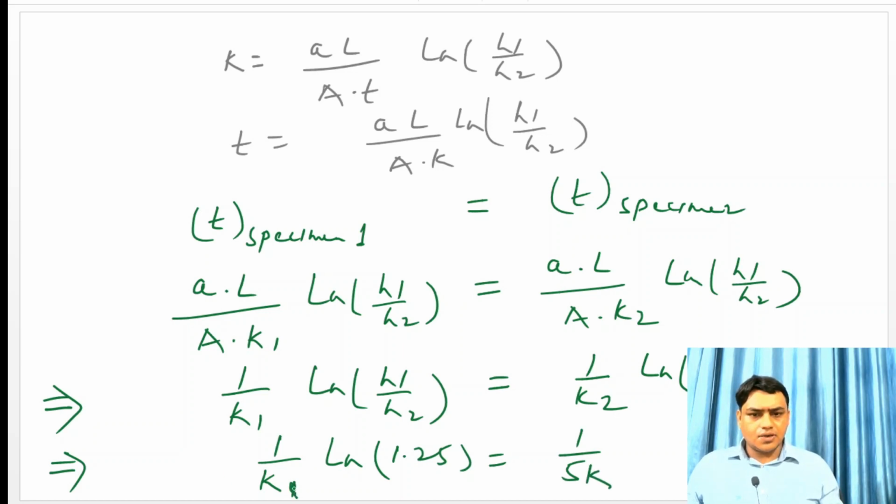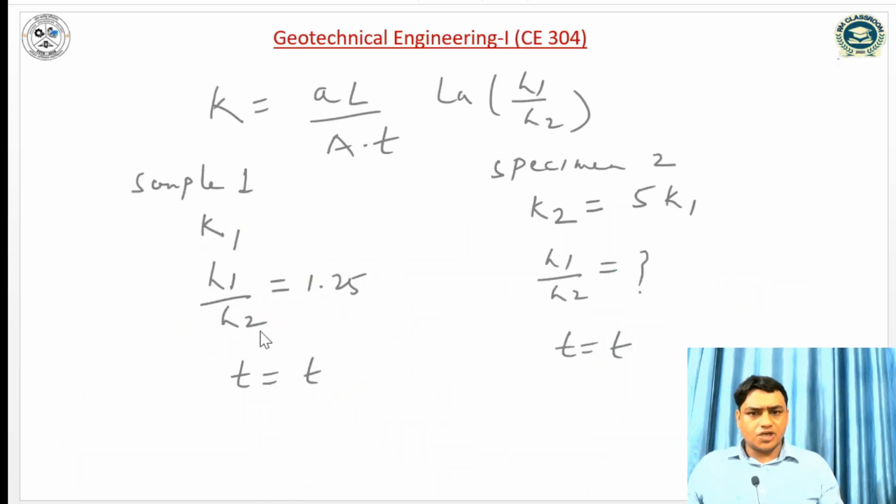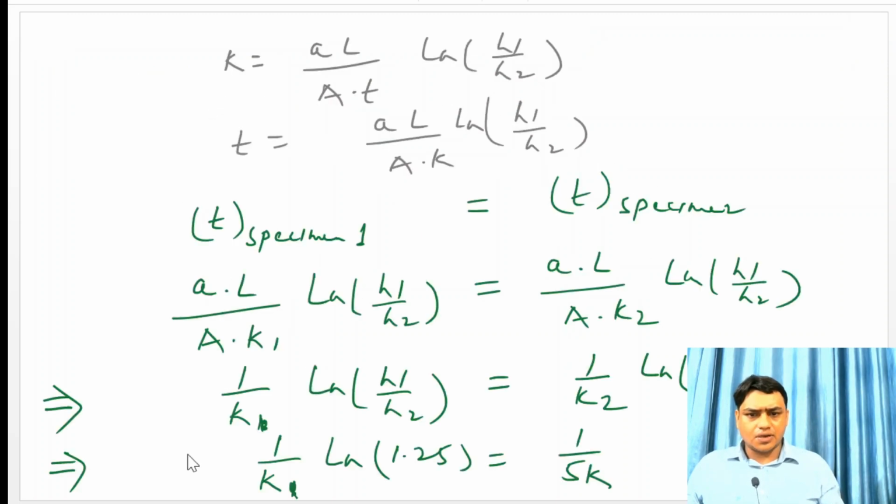This is not K, because I have assumed the coefficient of permeability for specimen first is K1.